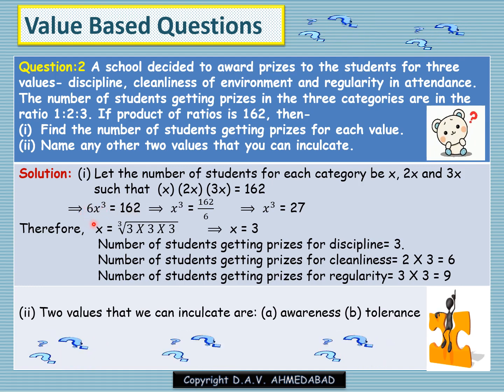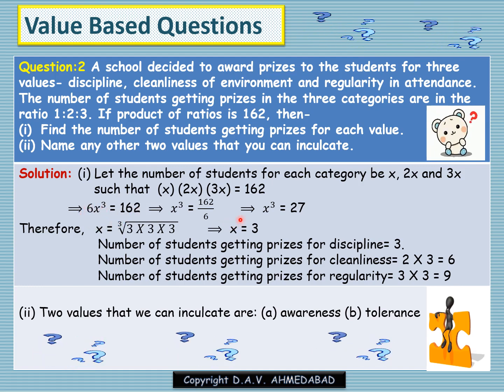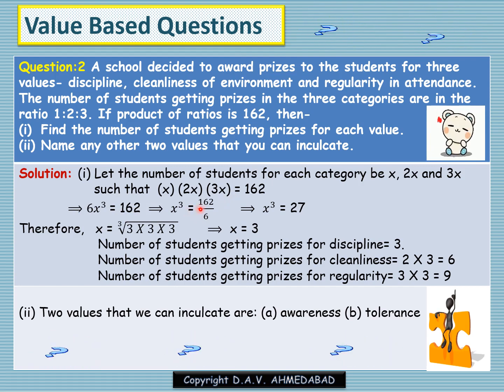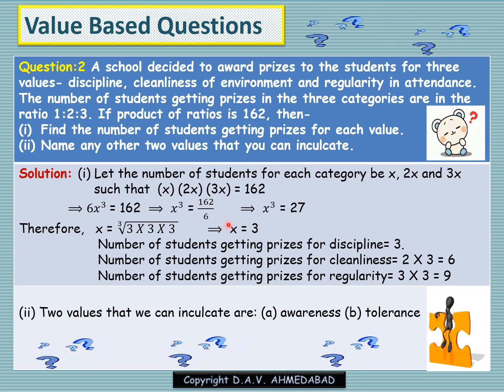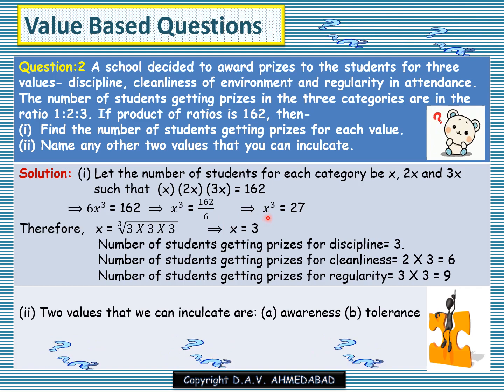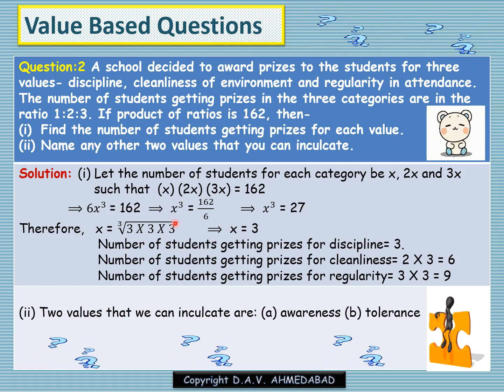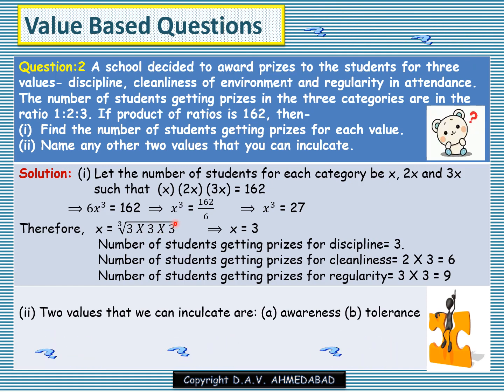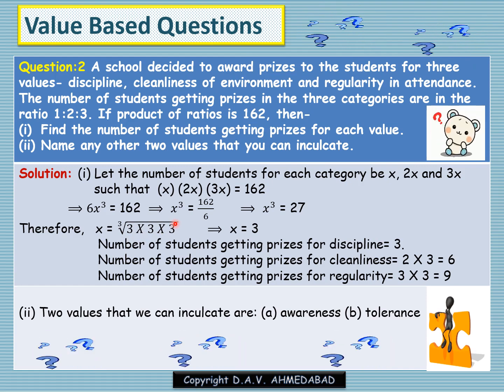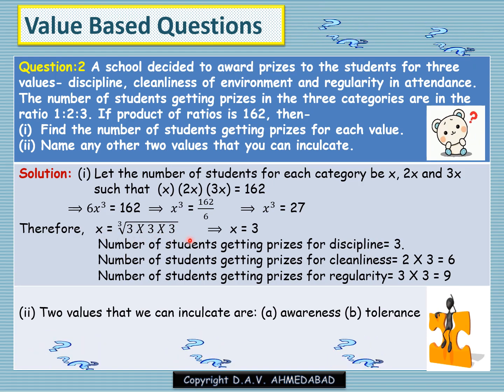When you transpose 6 to the other side, it will be x cube equals 162 divided by 6, which is equal to 27. Now x equals cube root of 27, that is cube root of 3 into 3 into 3, because we know prime factors of 27 are 3 into 3 into 3. So x is equal to 3.